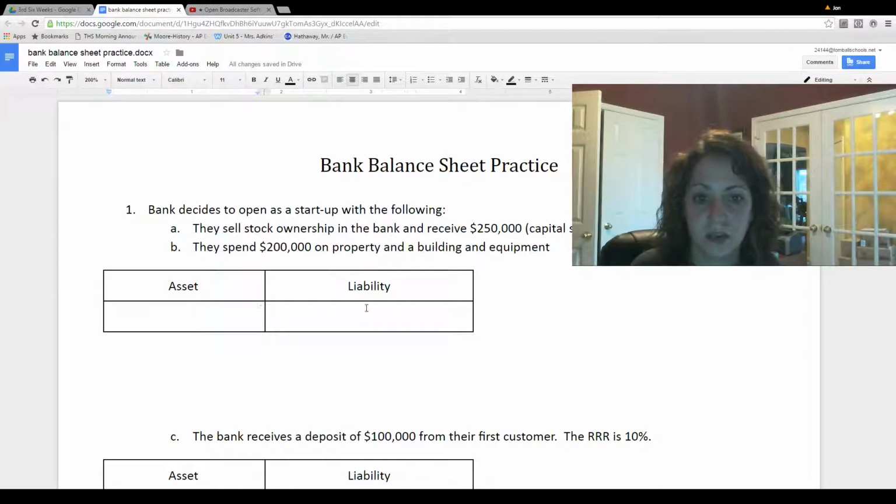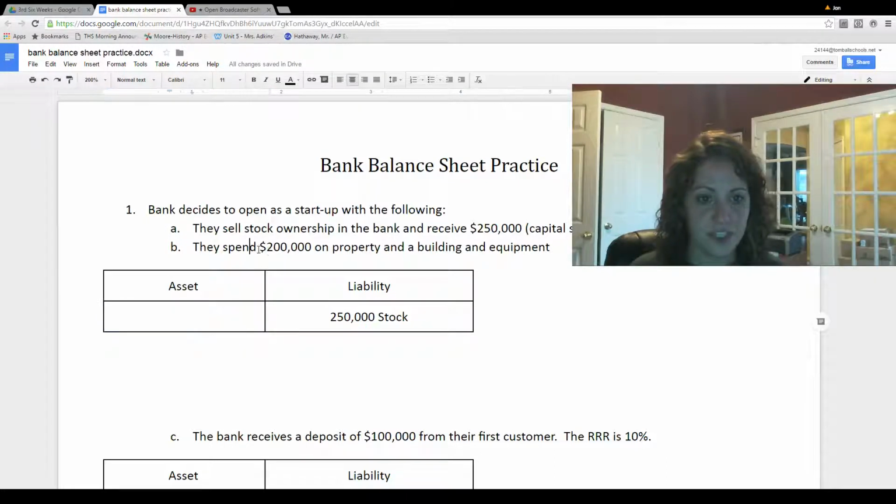Of course, that's going to be on the liability side, just because we owe that stockholder money. Whether that is split into just one share of $250,000 or multiple shares, we still owe our stockholders that money. So what I like to do is figure out which column it's going to go in, and I make sure that I label what that transaction is, so I don't forget later on down the road.